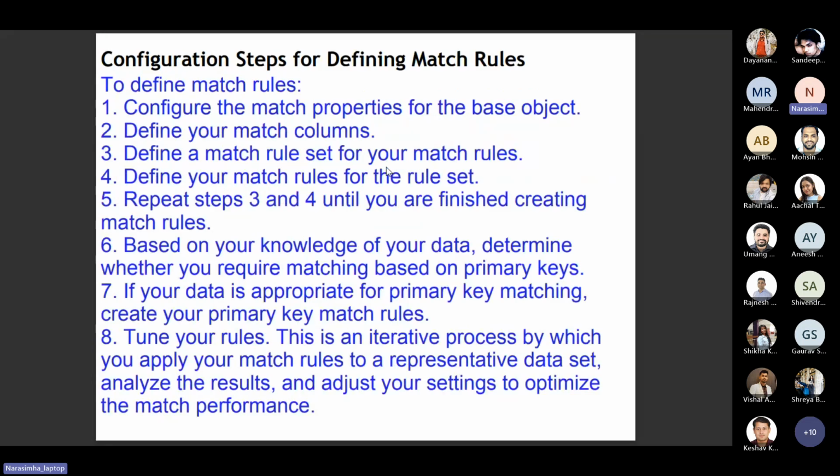So now, in order to define the match rules, the first thing we need to understand is the top level properties, which we call global properties. Remember, guys, what are the global properties that we expect? One is the number of contributed match columns.